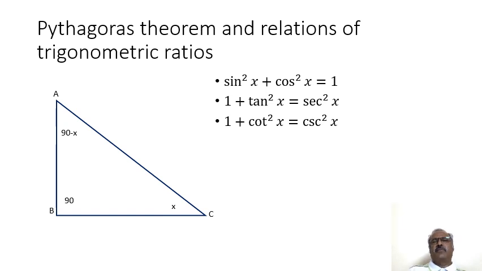On similar lines, we will get 1 plus cot square x is equal to cosec square x. So, to repeat the symbolism, sine raised to n of x or cos raised to n of x or tan raised to n of x, what we mean is sin x raised to n, cos x raised to n, etc.